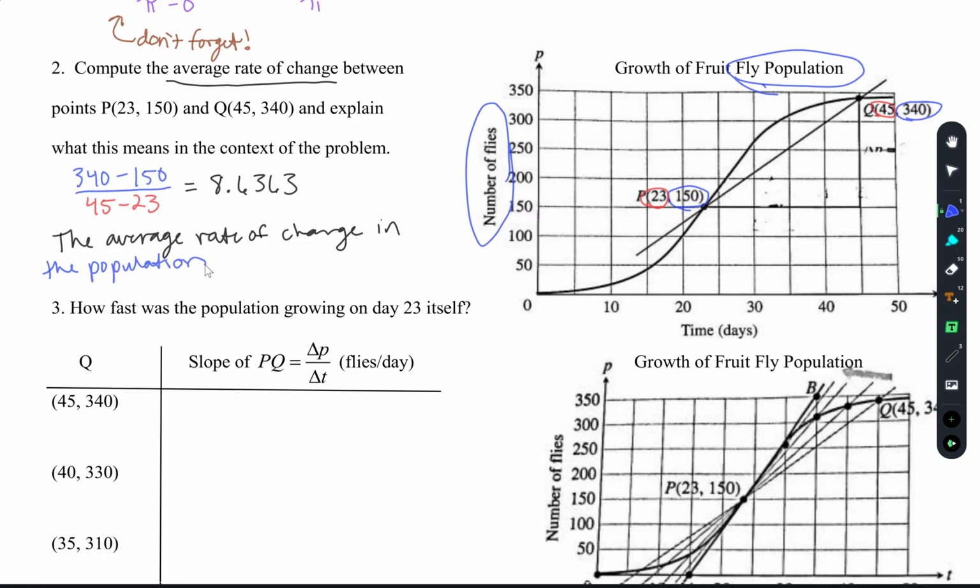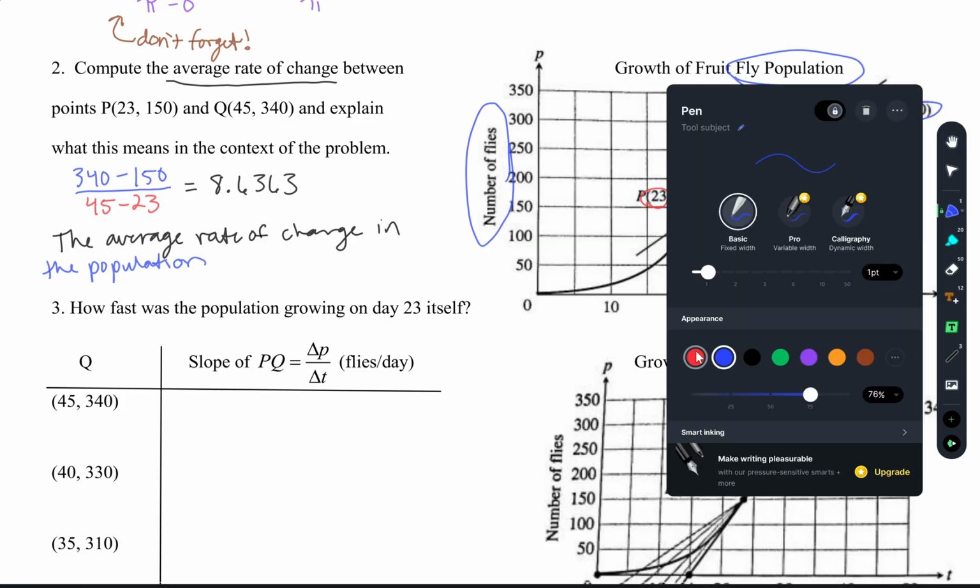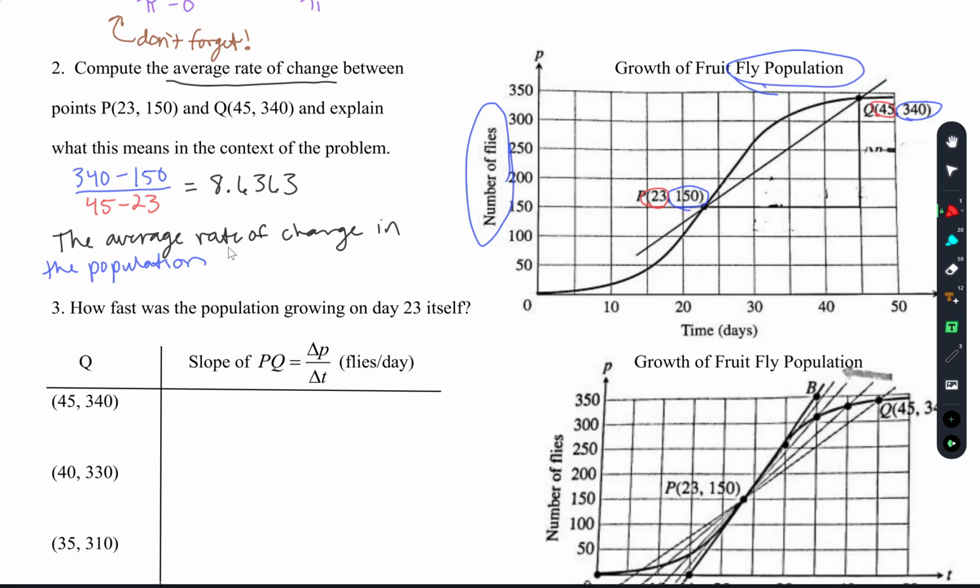okay? And then you have to talk about the x's, okay? So when you're talking about rate of change, you have to make sure you're talking about the numerator and denominator, okay? So the average rate of change in the population from, and then you say the days, from day, again, I'm using the unit, okay?